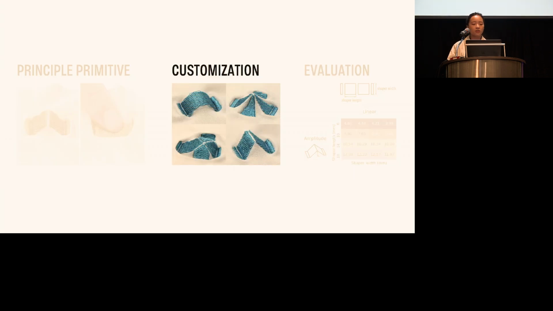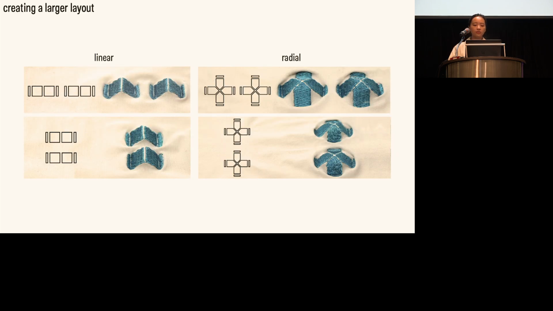Other than customizing single primitives, multiple primitives can also be composed to form a larger layout or to create more complex shape-changing behaviors. I'll show two examples here, and please check our paper for more detail. Firstly, individually functional and non-interfering primitives can be juxtaposed in a larger layout to work as a pixel display.